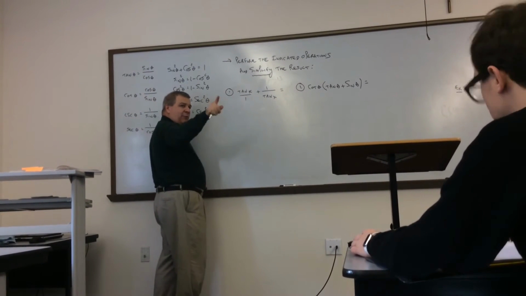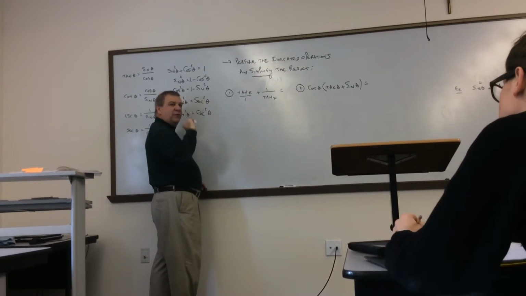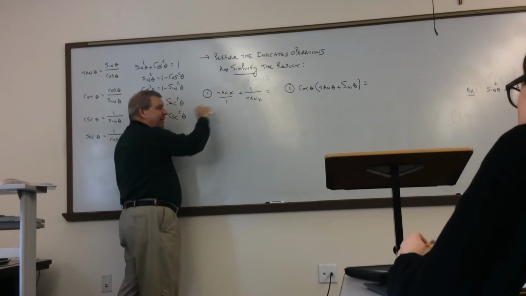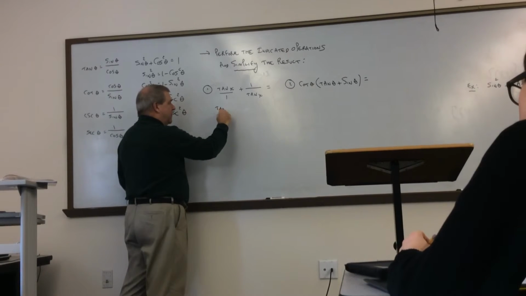So I would like one of you to raise your hand and tell me what this fraction is going to become when you do that. Multiply the top and bottom by tan of x. Andrew? Tan squared of x over tan of x.